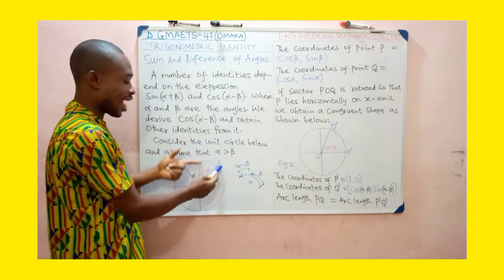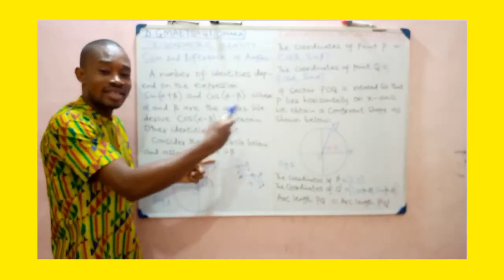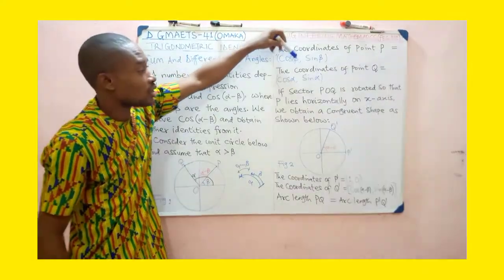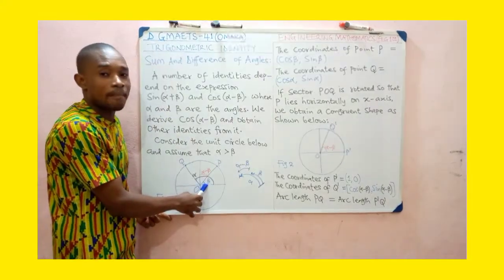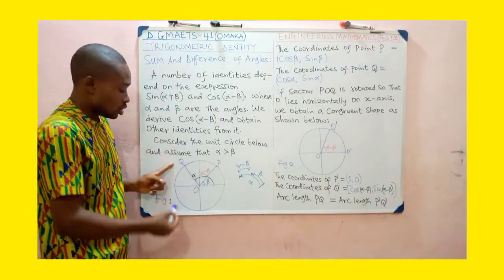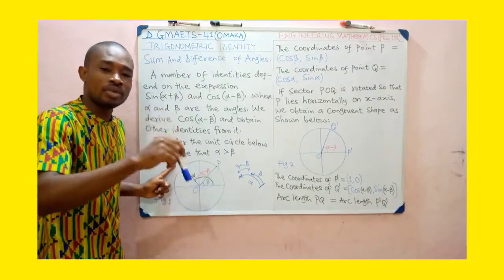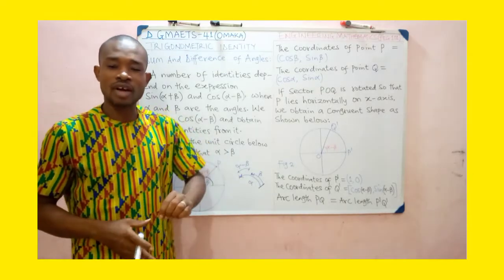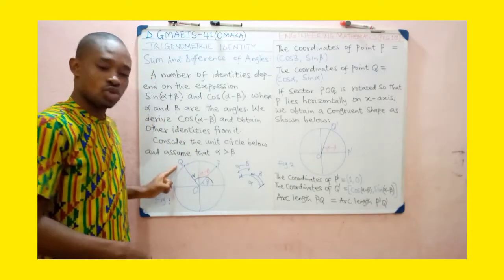So if we are converting the (x1, y1) coordinate of P to cos and sine of the angle, the coordinate of P is going to be (cos beta, sin beta), because the angle that P made with the x-axis is what? Beta. What about Q? The coordinate of point Q, knowing that the angle it made with the x-axis is alpha, is going to be (cos alpha, sin alpha). Cos alpha for x2 and sin alpha for y2.